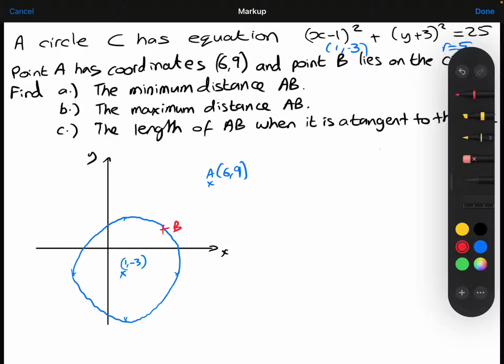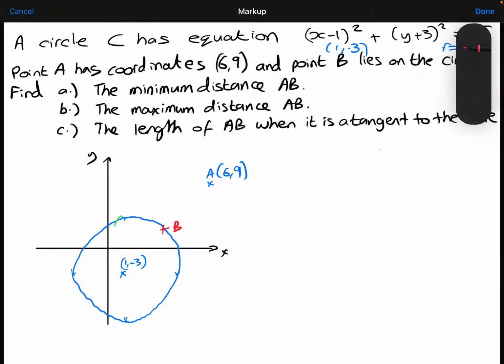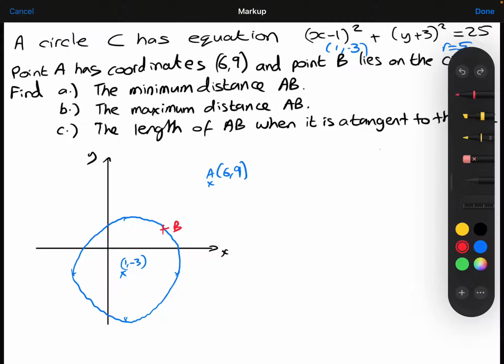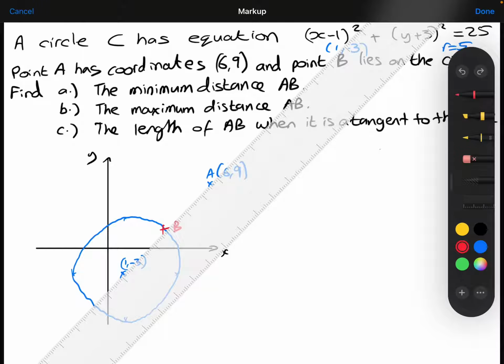If B was anywhere else, then clearly that distance there is going to be longer than this distance. So that is where B is going to be when I want the minimum distance.